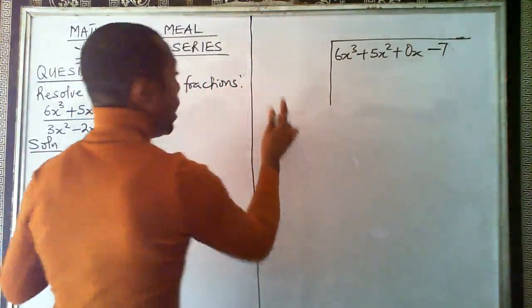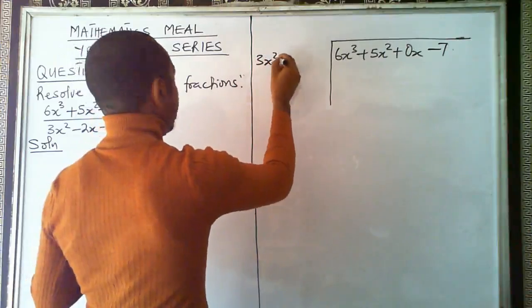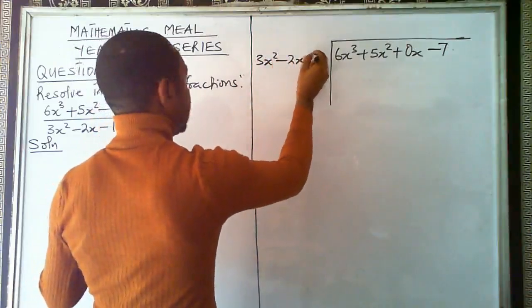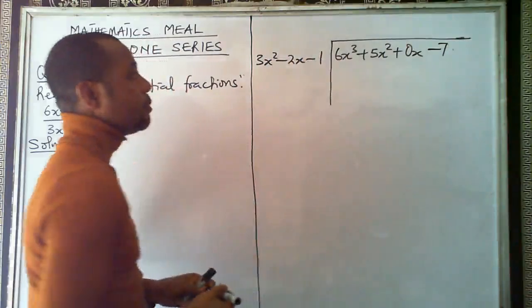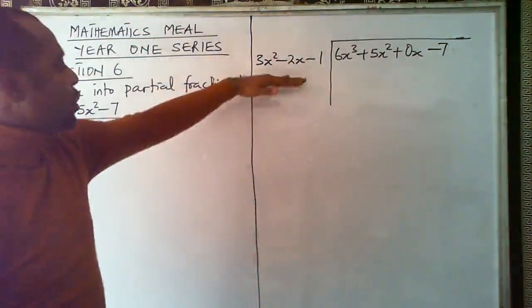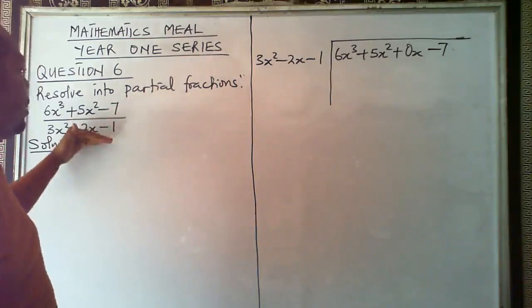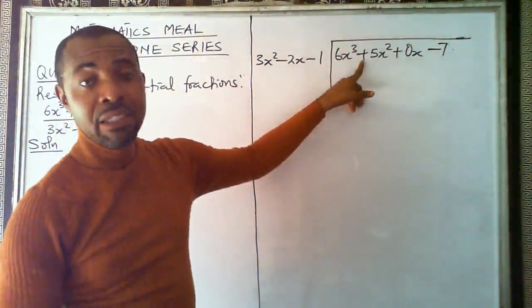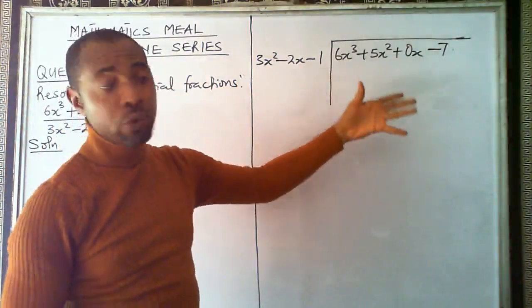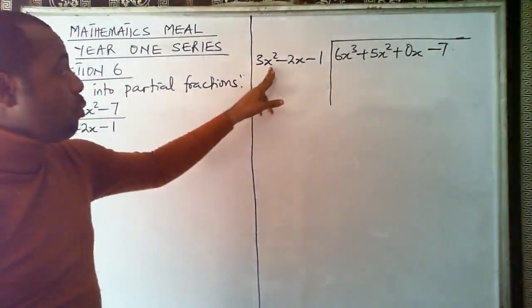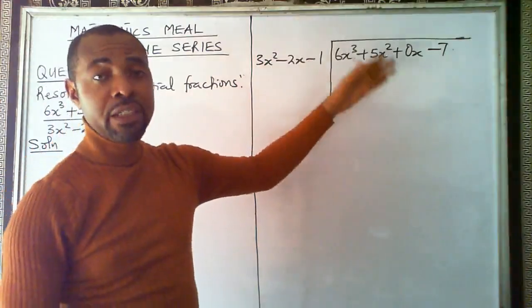Okay, so we have 3x^2 - 2x - 1. This is our divisor, dividing this, which is the dividend. The polynomial we want to divide is the dividend; the one we are going to use to divide it is the divisor.